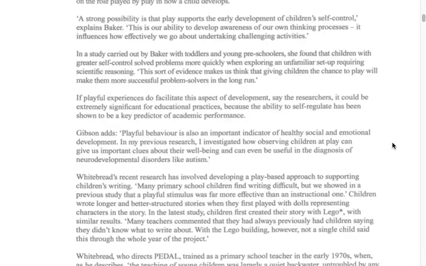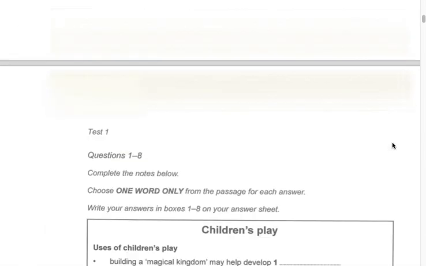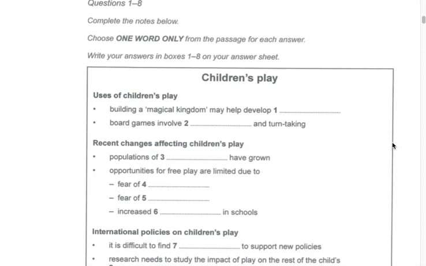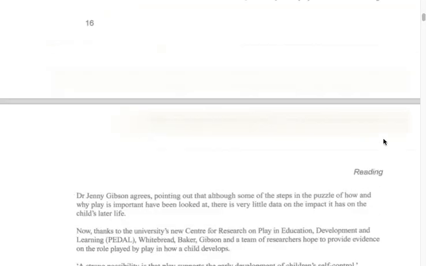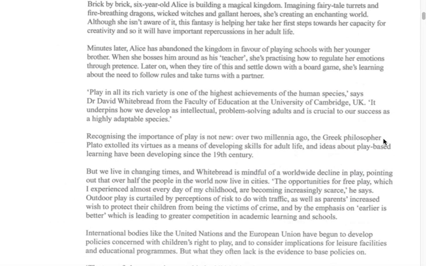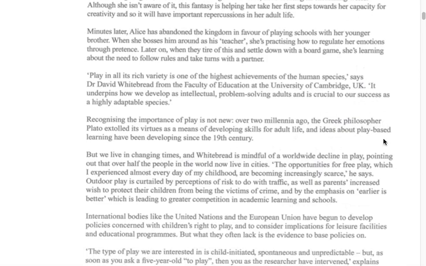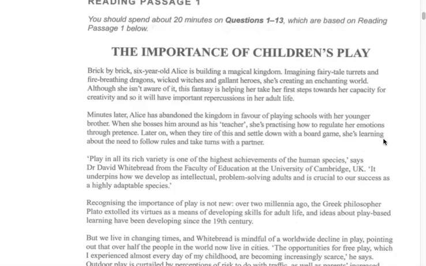Go back to the question and see. Board games involve dash and turn taking. It involves something, so what does it involve? It involves one other thing than turn taking. So, okay, later on when they tire of this and settle down with a board game, she is learning about the need to follow rules and take turns with a partner.